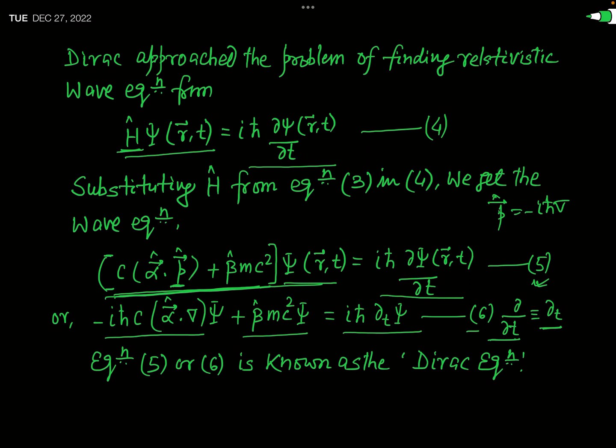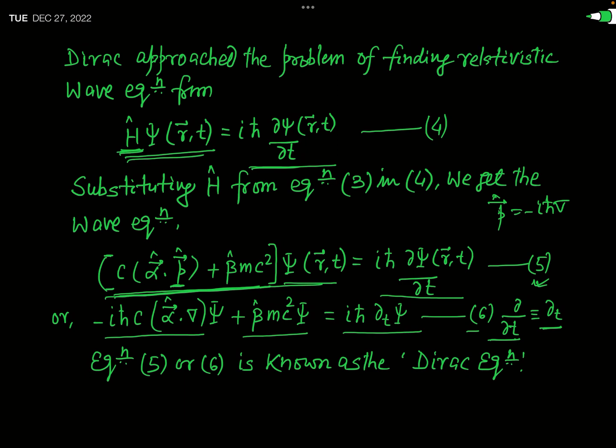So the Dirac equation can be derived in only 2 steps. There is no derivation of the Dirac equation. This is simply the Schrodinger time dependent equation, and you only have to substitute the expression for the Hamiltonian postulated by Dirac.